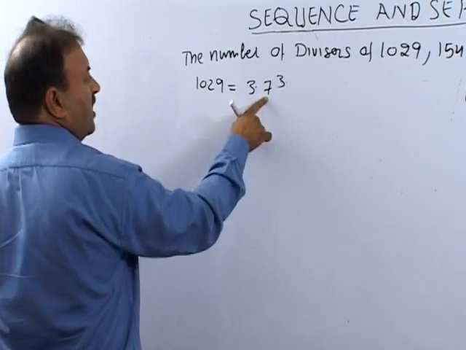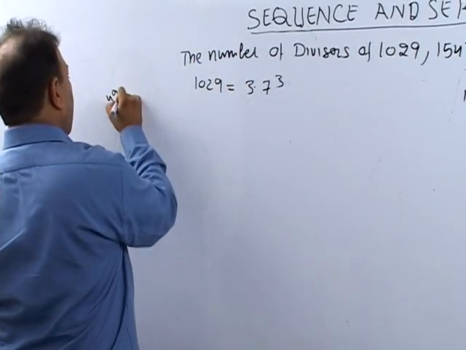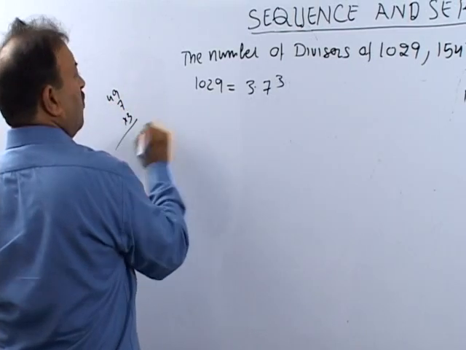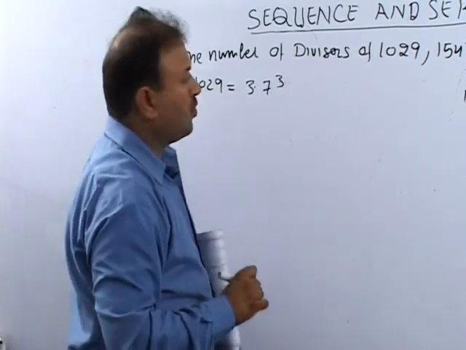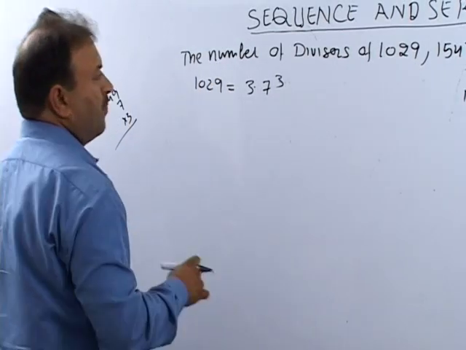We can check: 7 into 7 into 3 is 49 into 3, then into 7, and we find it comes out to be 1029. So the factors of 1029 are 3 and 7 cube.